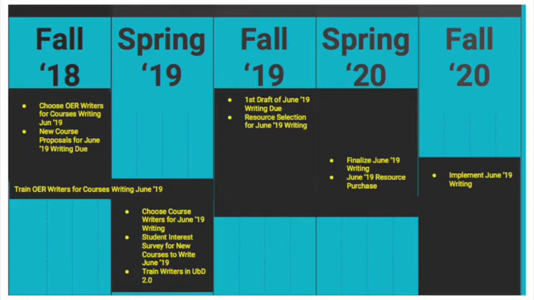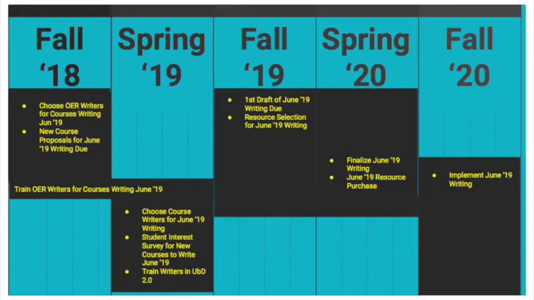You can see into the fall of 2019 the aforementioned first draft of the curriculum, as well as the resource selection process. We move along into the spring, where we're looking to finalize, quote unquote, that writing. And as we've discussed, it's never really final or ended, but it's ready for implementation, as well as the resource purchase, should that be necessary.